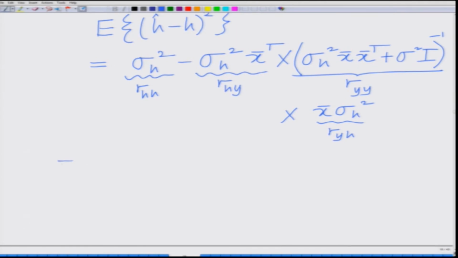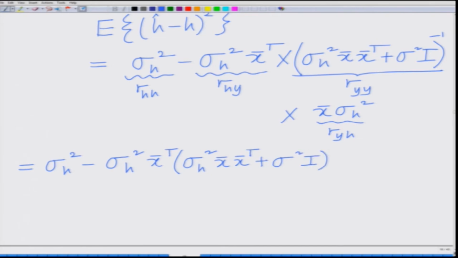So, this is the expression for the MMSE. Let me write it down once again clearly, that is basically sigma H square minus sigma H square x bar transpose, times sigma H square x bar transpose plus sigma square identity inverse, times x bar into sigma H square.